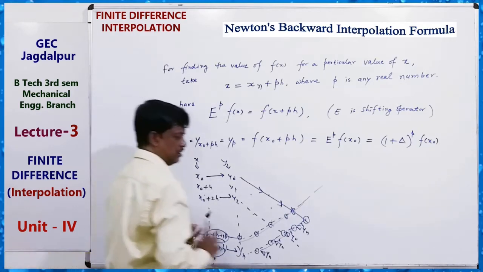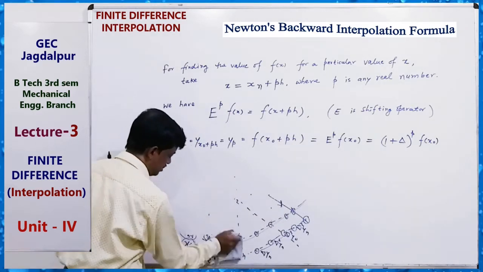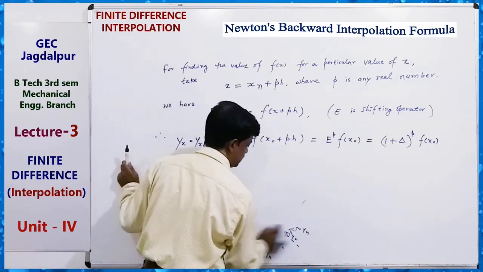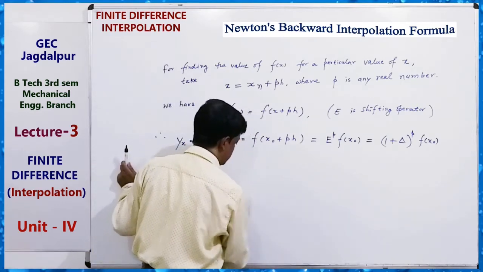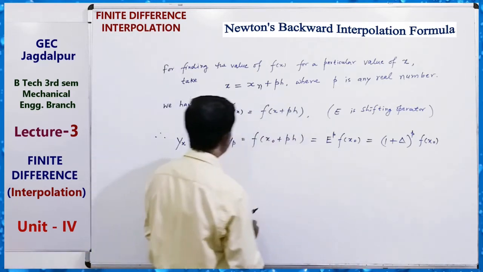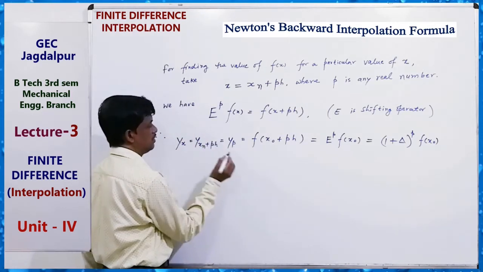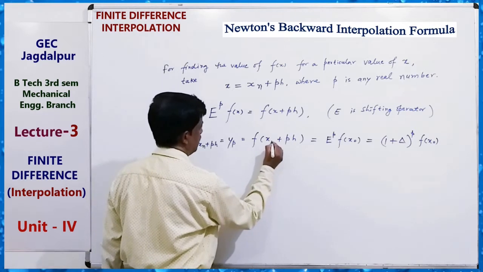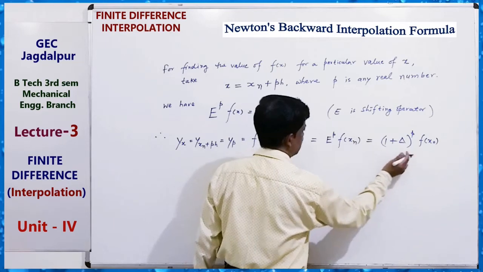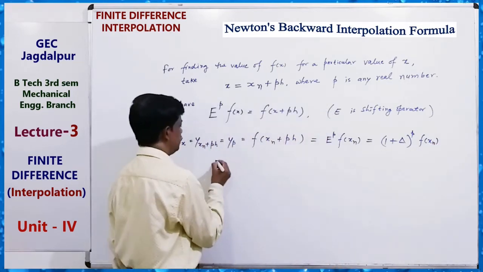The formula is likely to be the same, but there are sign changes and the differences change. So for finding the backward interpolation formula, we use xn here, and xn here. Also you can write it so.